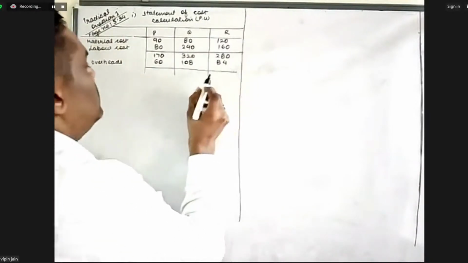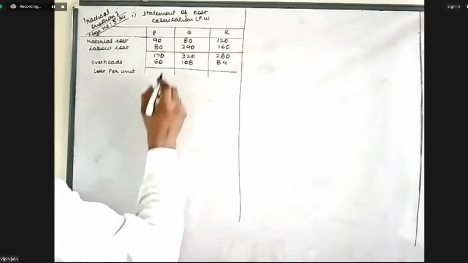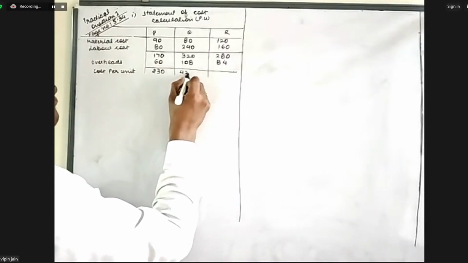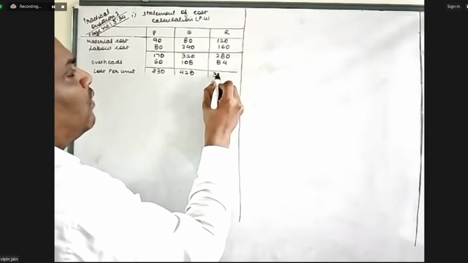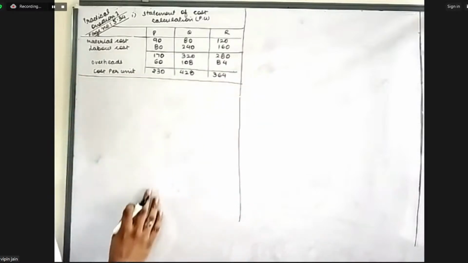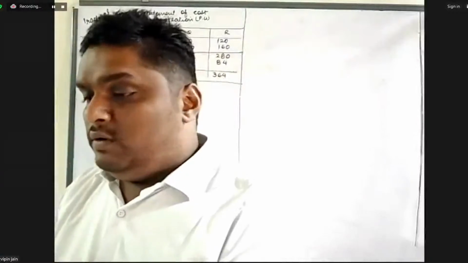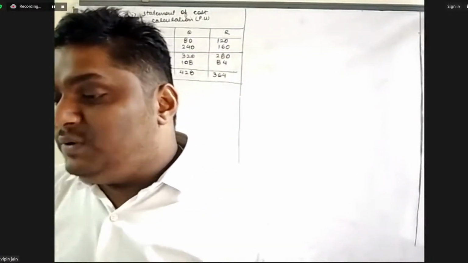So this will be the total cost per unit: 230, 428, and 364. Now let's proceed further with the next part. That is what the question is asking.